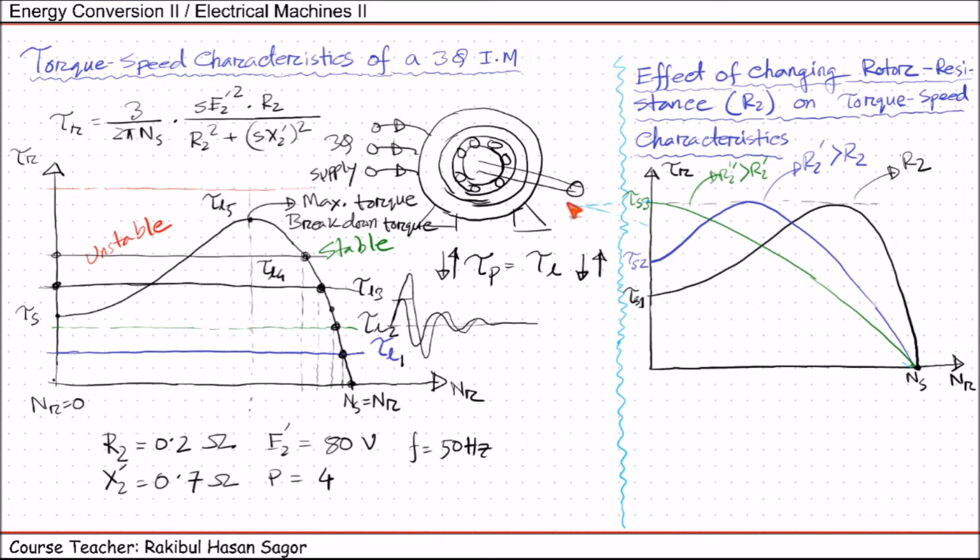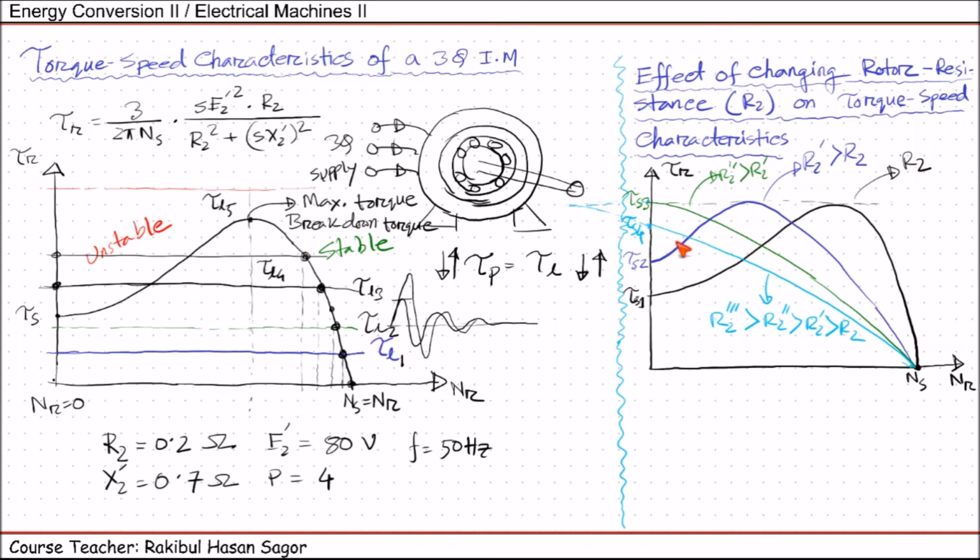This peak point position, but as nr equal to 0 here, we can see our torque speed characteristics curve will look like this, and this will be the starting torque, and this is for tau s4, and this is the case for R2 triple prime, which is greater than R2 double prime, which is greater than R2 prime, and R2 prime is greater than R2.